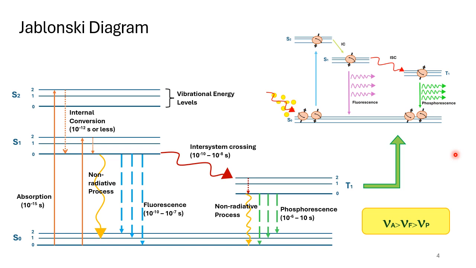So if we look into the frequency trends of these three processes, absorption, fluorescence and phosphorescence, it can be easily understood from the energy difference between the states involved that the frequency of absorption is greater than the frequency of fluorescence, which is greater than the frequency of phosphorescence.